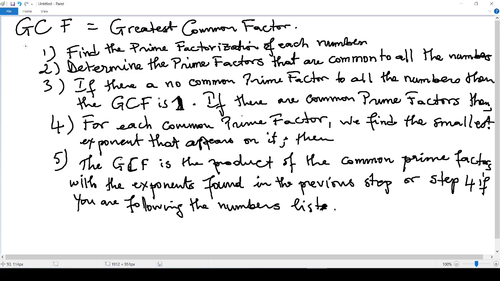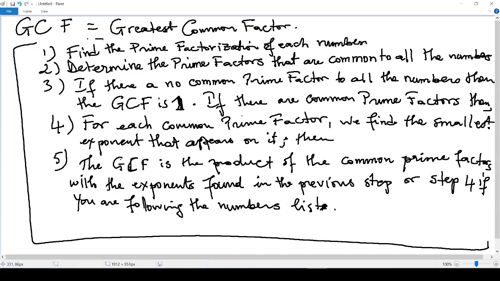And we can call this a formula, right? It says how to find our GCF.